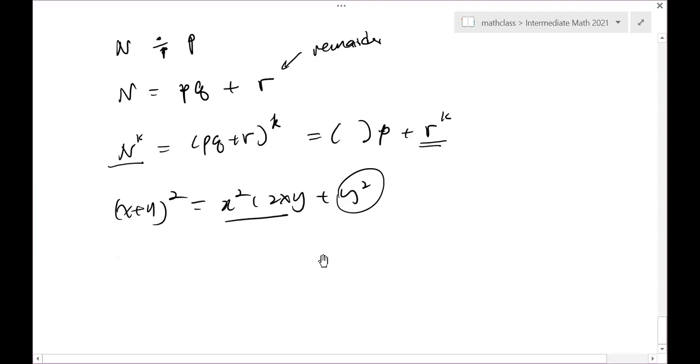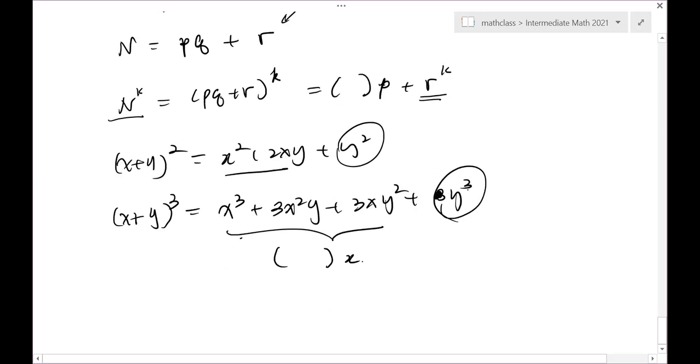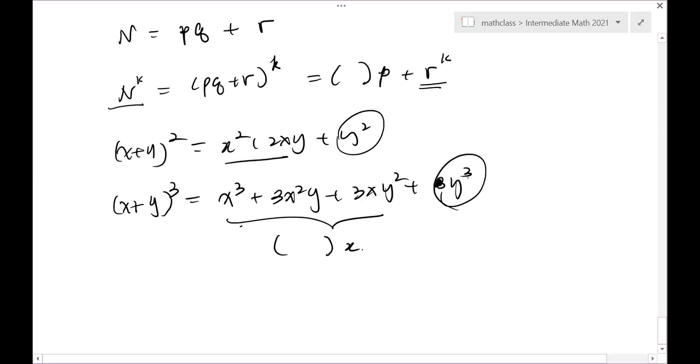Then (x plus y) cubed is x cubed plus 3x squared y plus 3xy squared plus y cubed. So this is y cubed, and all the other terms contain x. So get the idea.